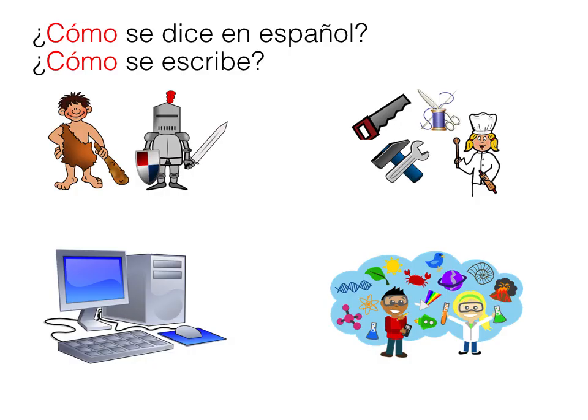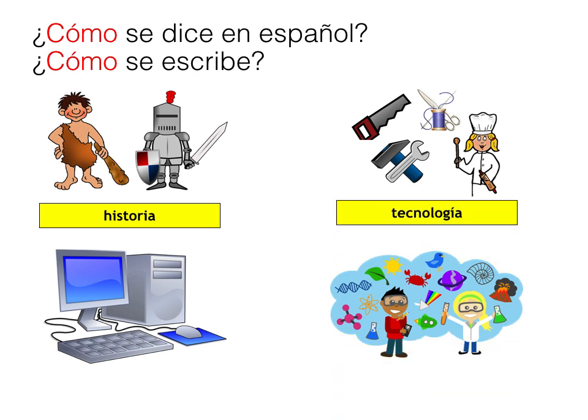Ok, las cuatro. ¿Cómo se dice en español history? En español, history es historia. Remember to drop the H at the beginning. Say after me, historia. Muy bien. ¿Cómo se dice tech en español? Pues es tecnología. Remember, say the G as a H. Tecnología.